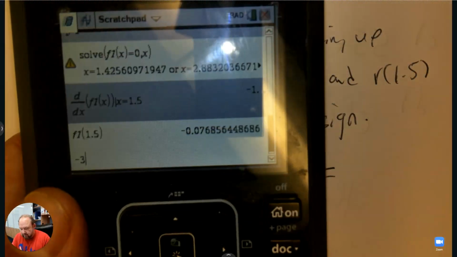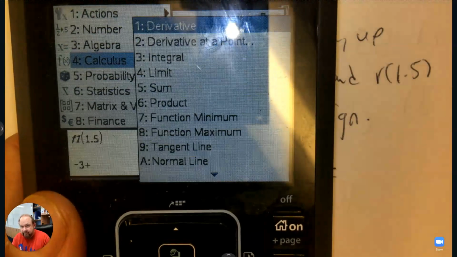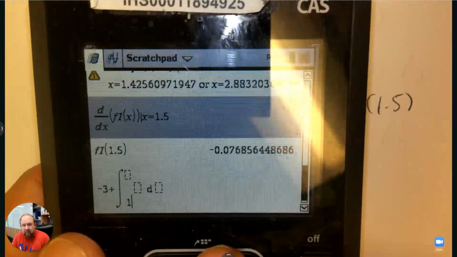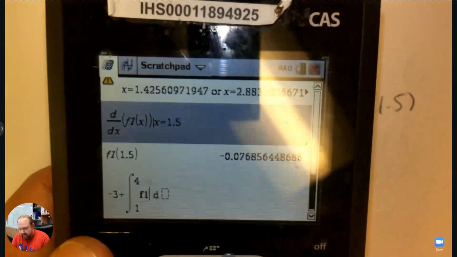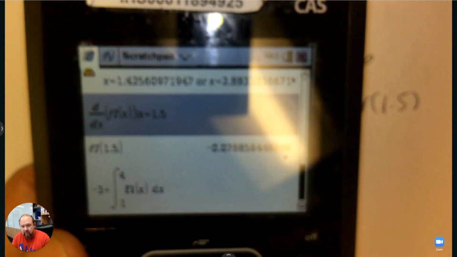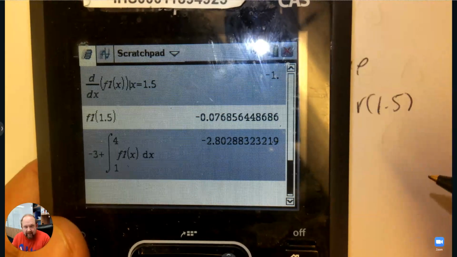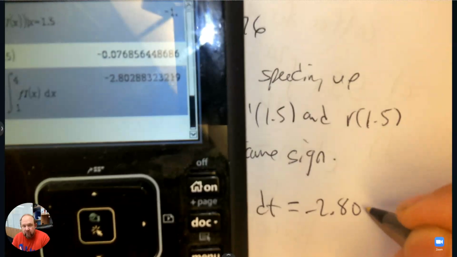So -3 plus, we're going to go menu, calculus, integrate. Again, that goes from 1 to 4, and it's f1 at x dx. And I get -2.802.